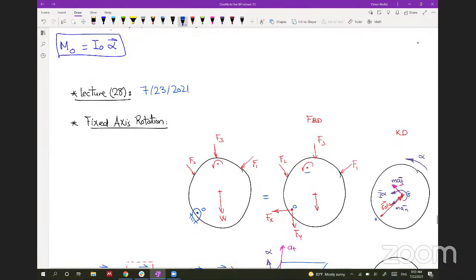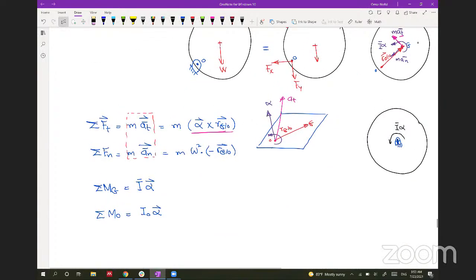And actually this rule is true for fixed axis rotation at the point of fixed axis. And the point of fixed axis rotation is actually an instantaneous center of zero velocity.